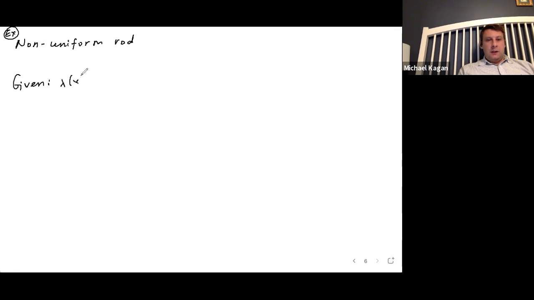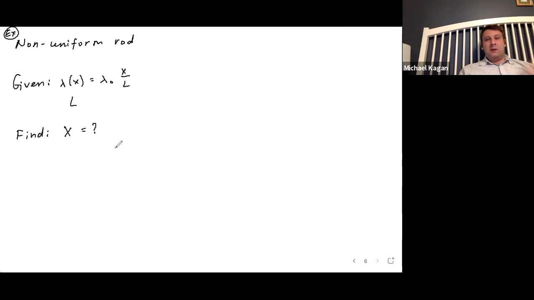Lambda of x, let's say it's a linear function, not constant anymore, which I'll write as lambda naught x over L, just to keep the units correct, okay? As you suspect, again, lambda naught is not going to matter. What's going to matter is the fact that it's a specific function. And of course, L is given. Find the position of the center of mass.